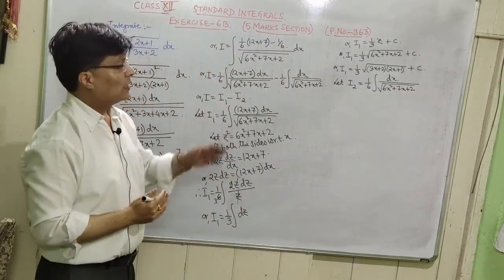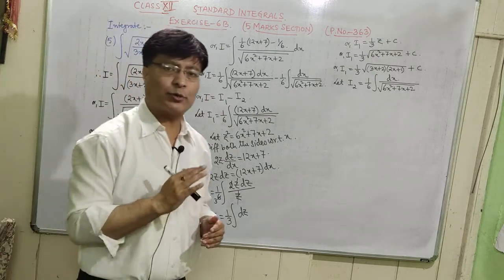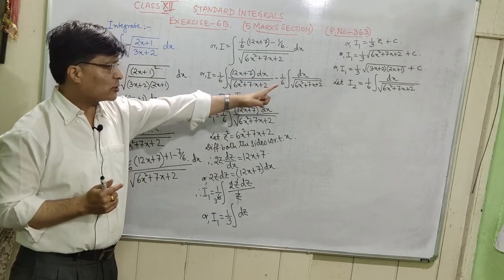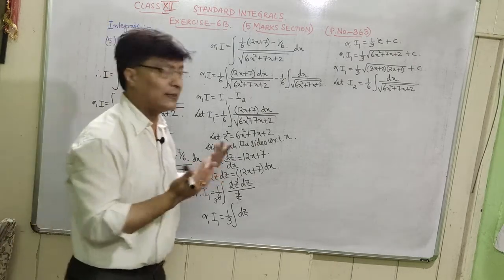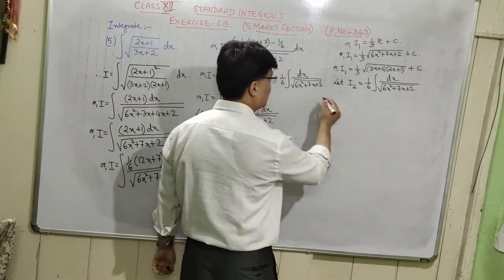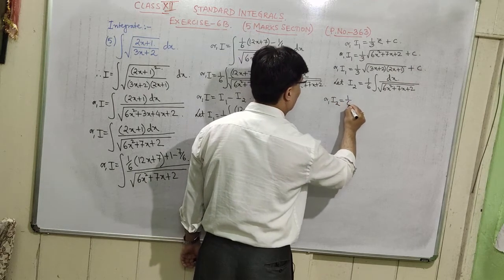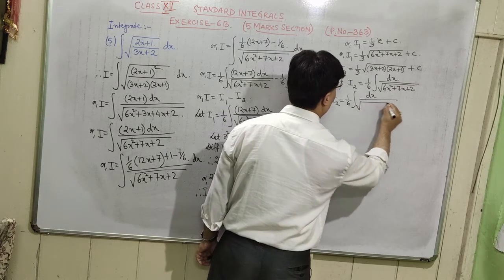But the expression under the square root is the product of two factors, isn't it? What are the factors of 6x square plus 7x plus 2? This is 3x plus 2 into 2x plus 1. That means it can be factorized. Let us write down these factors. So I2 is equal to 1 upon 6 integration of dx divided by root over.